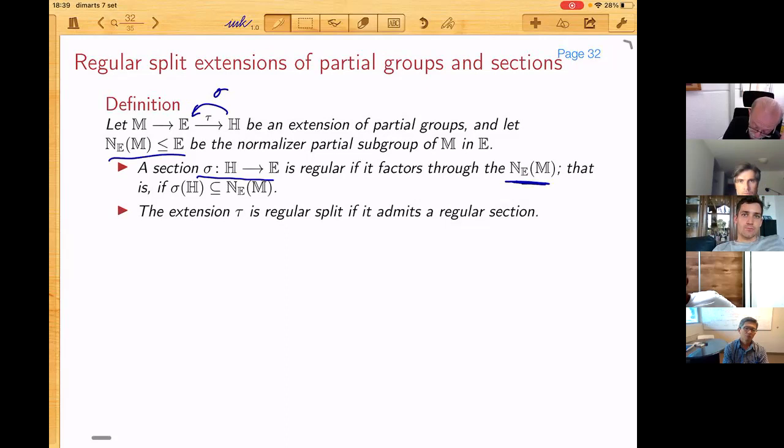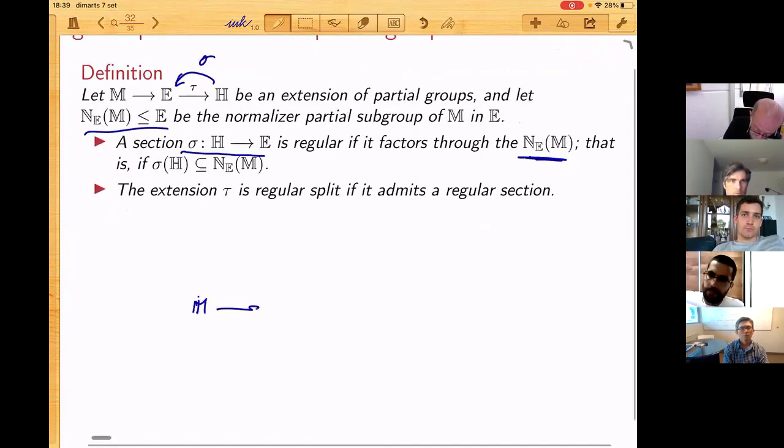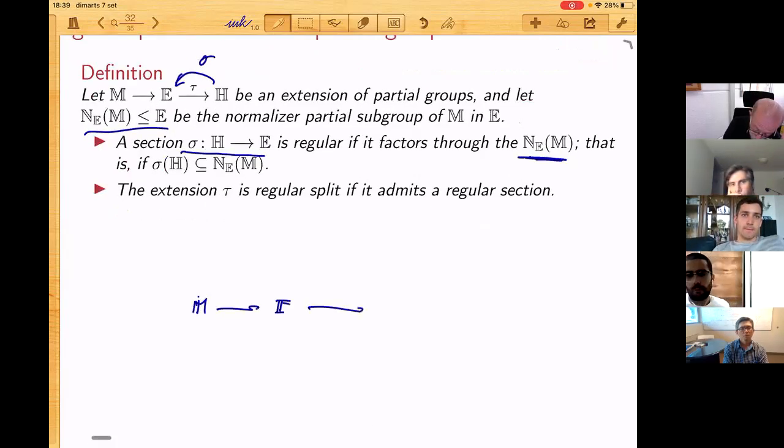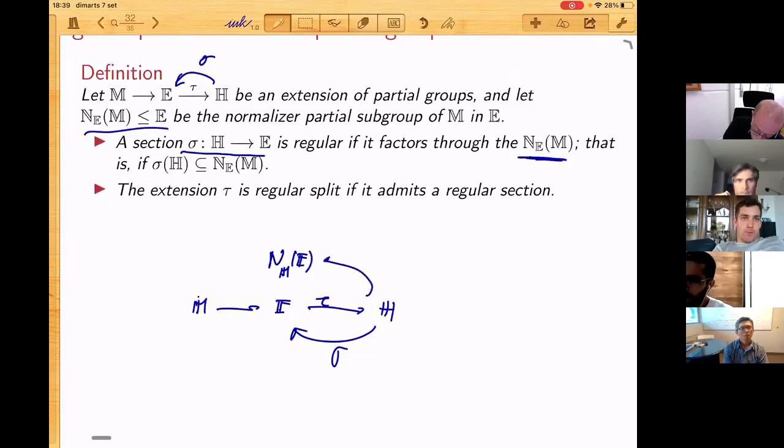So we are saying, well, we have M, E, H, tau, and then there is a section, sigma, but here we have this normalizer, right? And then we say that this is regular if it factors like this, right?